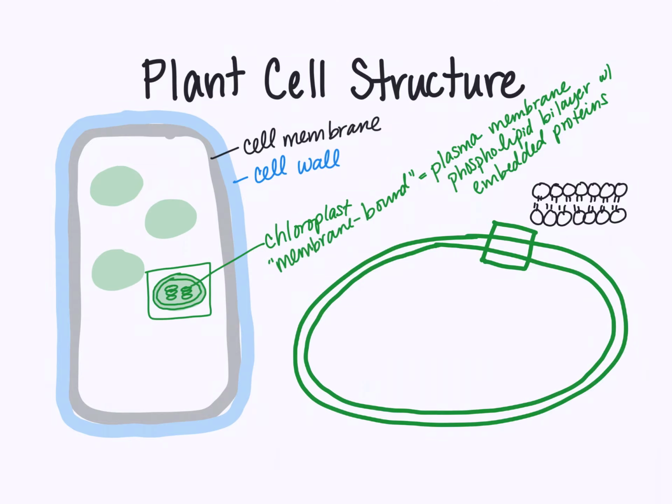Because it's a double membrane, we would actually have two layers of phospholipid bilayer stacked on top of each other. So this right here would just be the one membrane. The other membrane would be stacked underneath it. And so this phospholipid bilayer would be the inner membrane here.